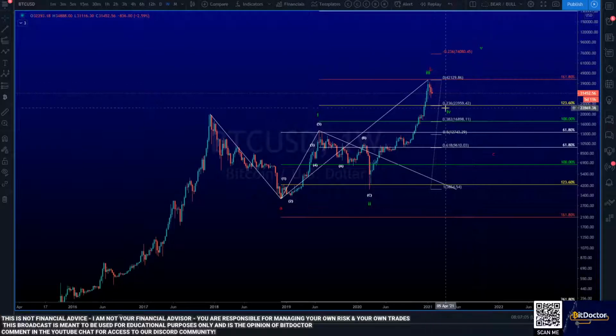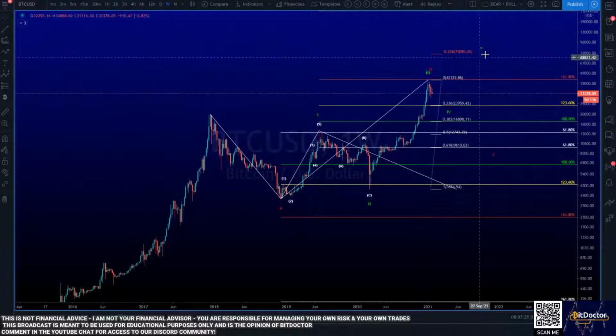If we do go to 24 and then we go up 3x to 75, you better believe I'm going to be all out at that point, and I'm going to be waiting for a significant pullback, maybe even all the way down here to 20,000, maybe even all the way down here to 14,000. We're going to have to just wait and see what happens, okay?